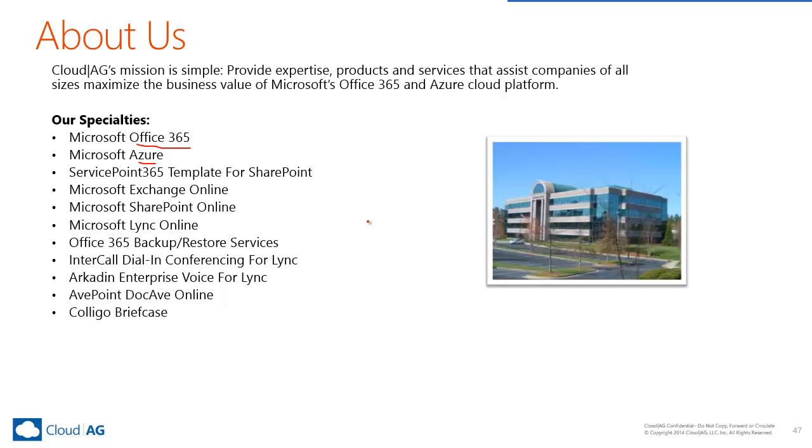Since most everything we do is through the cloud, we're able to work with clients remotely. We can also go on site when necessary, but we're able to touch clients no matter where they are geographically.